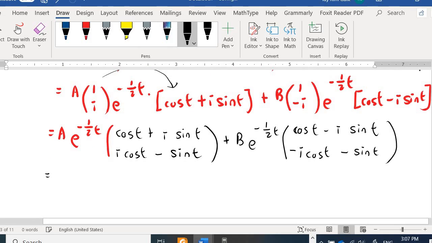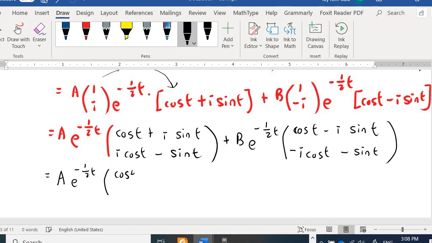Then later on, we break this column vector into a vector dependent on only the real value, and another one on the imaginary value. So you have a exponent negative half t. Here you have cos t minus sin t, plus a vector dependent on the imaginary number i: this is sin t, this is cos t.